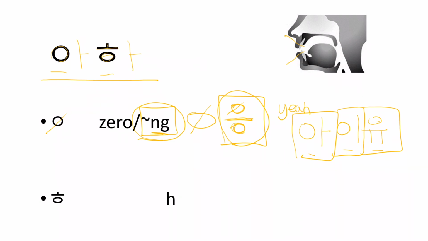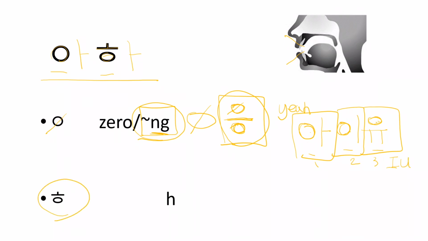This one did. How about these zero sounds? None of them does. Why? Because they are the first consonant of each syllable block. So you just say the vowel sound. It doesn't have any sound. A, E, U. I-U.